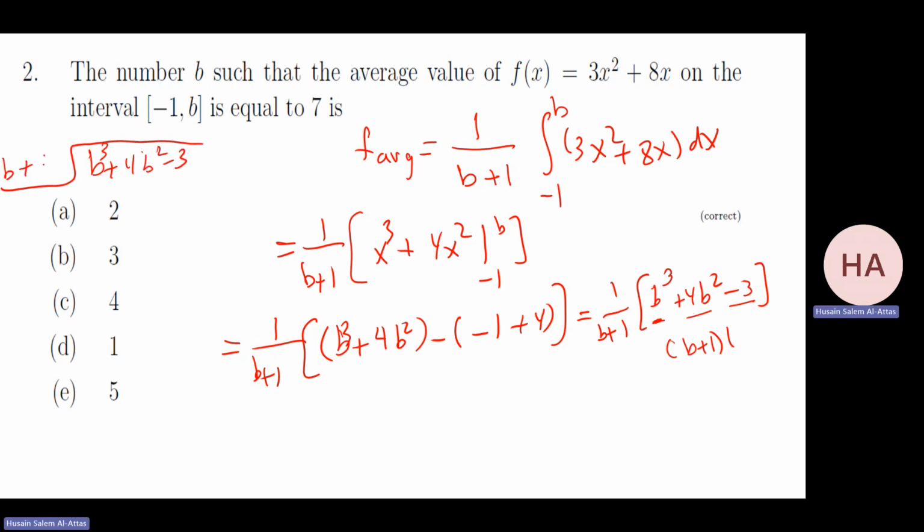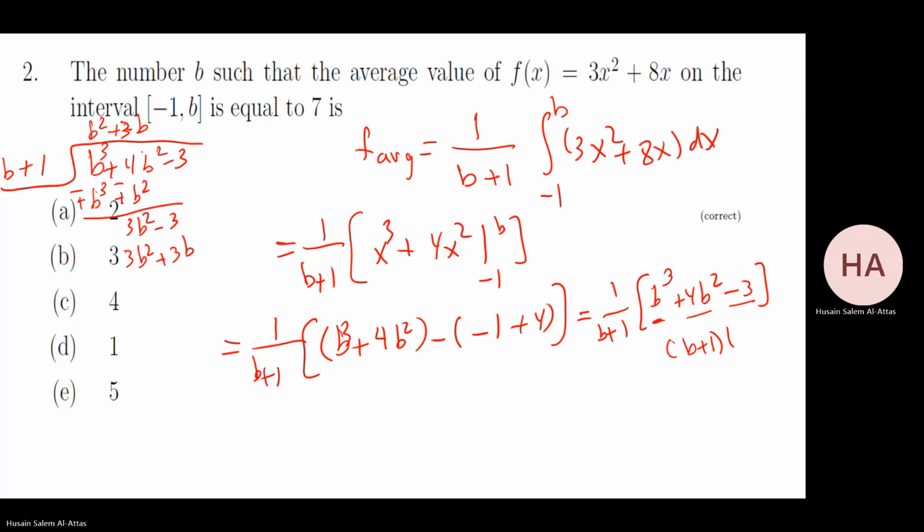Over B plus 1. Divide, I have B squared, multiply, I have B cubed plus B squared. So this is plus, this is minus, so I have 3B squared minus 3. Divide, I have plus 3B, multiply, 3B squared plus 3B.